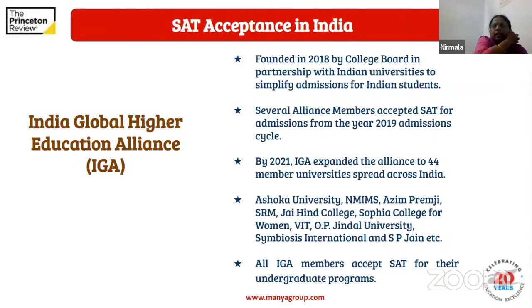They started with around 18 universities in 2019, but now they have around 44 members. All these 44 universities in India accept SAT for the undergrad programs.